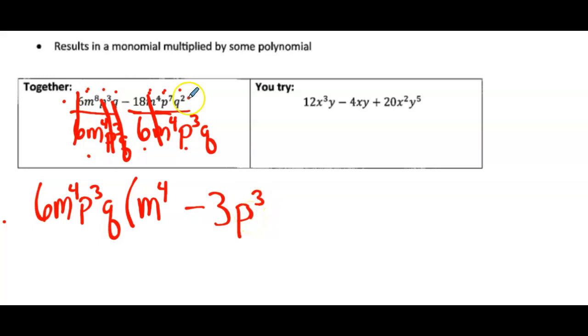And here I have 2 q's on this side and 1 q here. I'm going to divide, so one of my q's is going to cancel, and I'll have 1 q left, and that's my answer. Okay? So when I multiply this back in, I'll get my original answer. Okay, you try that one. You can check the answer in school with you.